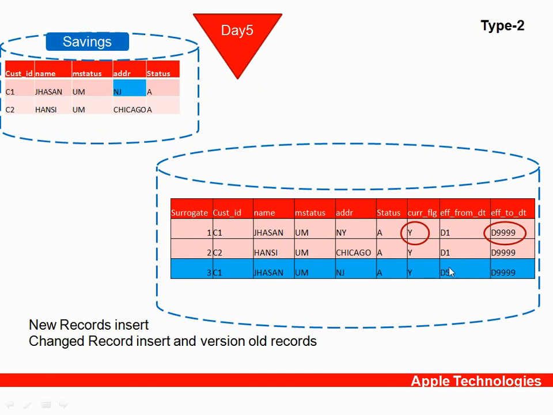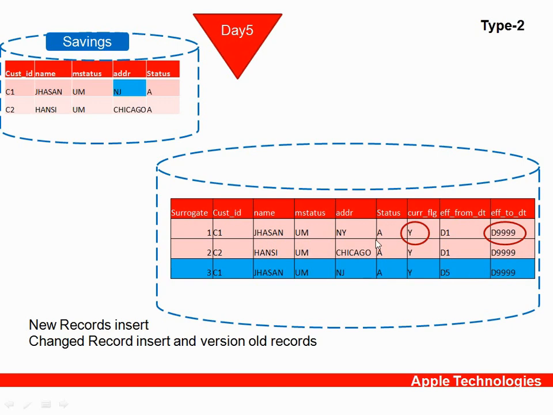So I am keeping day 1, day 2, but in reality you will keep real dates, like 31st December of some year. So here D5, and then how long? I don't know, because now she moved to New Jersey, but I don't know how long she will be in New Jersey. This is fine.